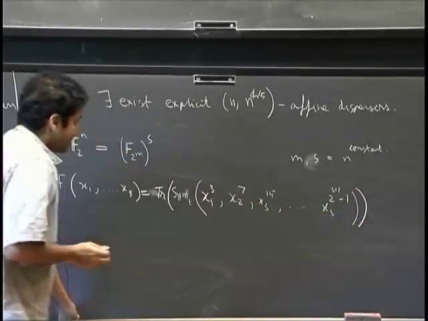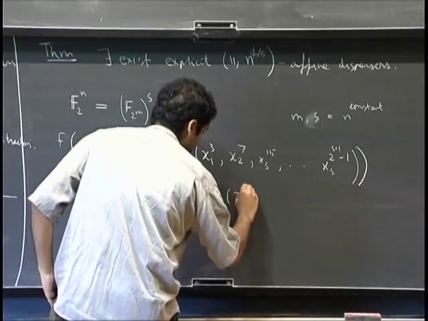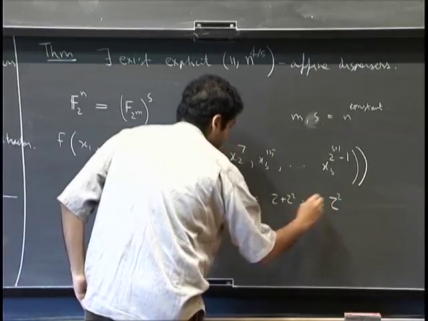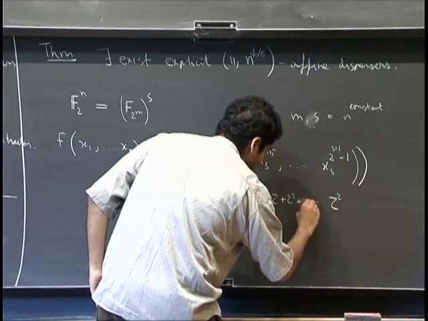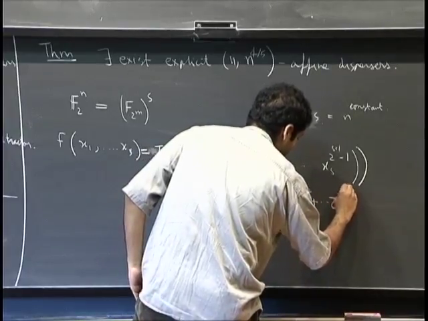of this. Let me just clarify what I'm saying here. The trace of z is z plus z squared, etc., plus z to the 2 to the 2, etc., up to z to the 2 to the (m minus 1).